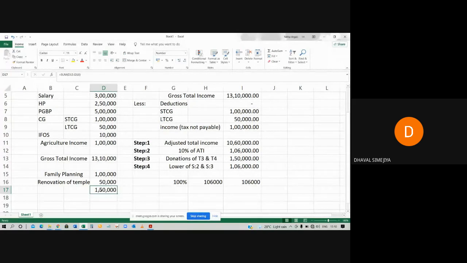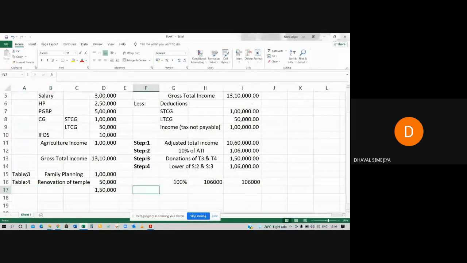Now, but out of this 1,06,000 rupees, some money is from table number 3 and this donation is from table number 4.